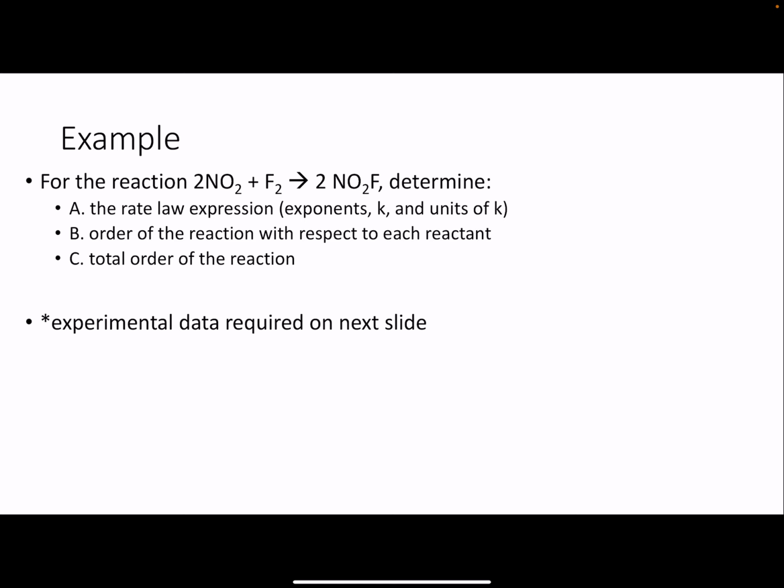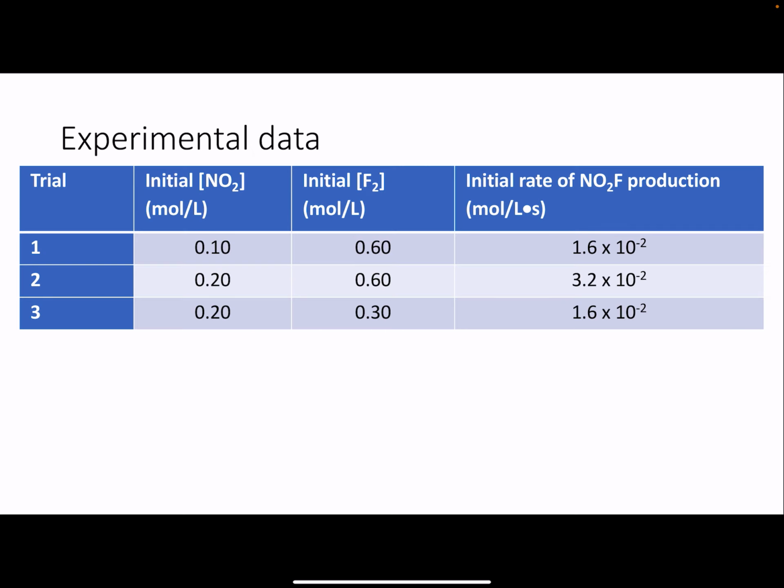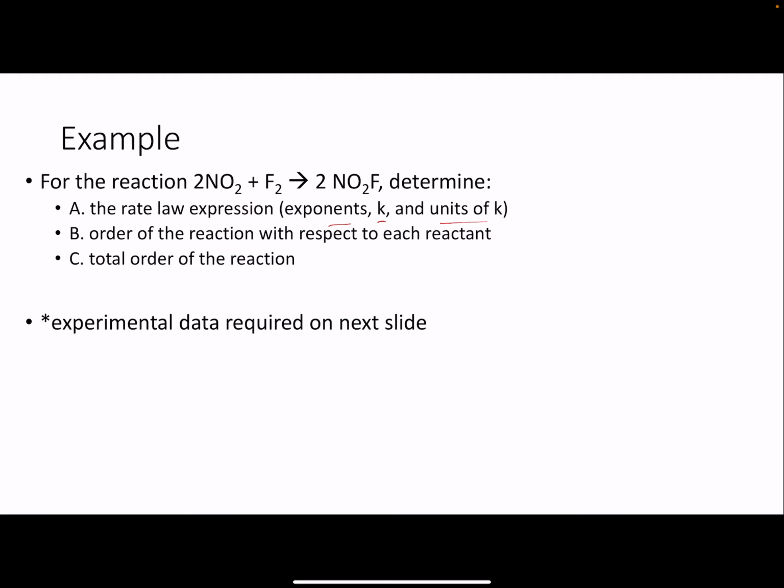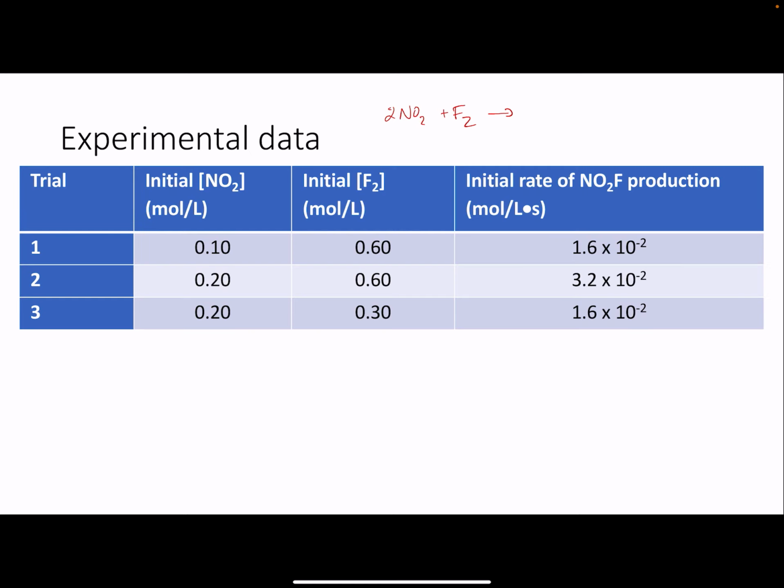So given this reaction, we're going to determine what the rate law is with the exponents, k, and the units on k. So looking at the reaction, nitrogen dioxide and fluorine, we've got 2 NO2 plus F2 going to 2 NO2F.